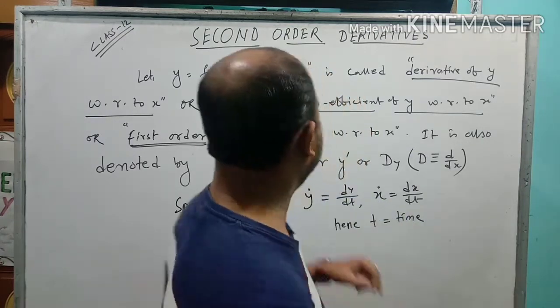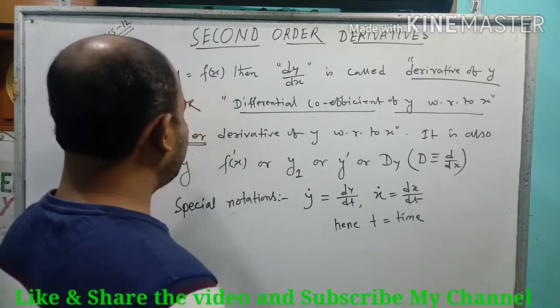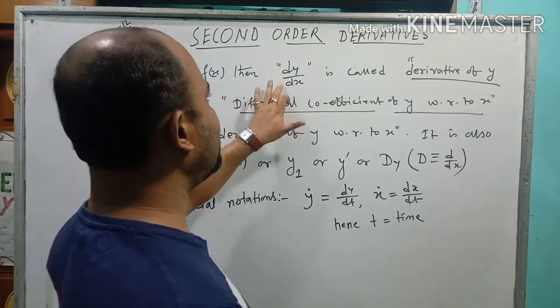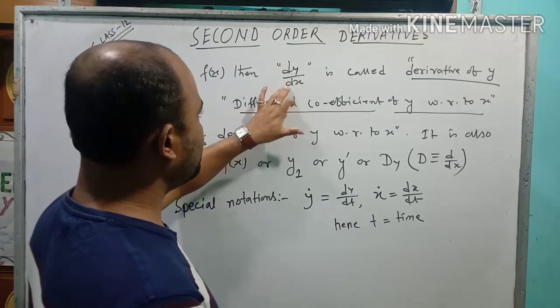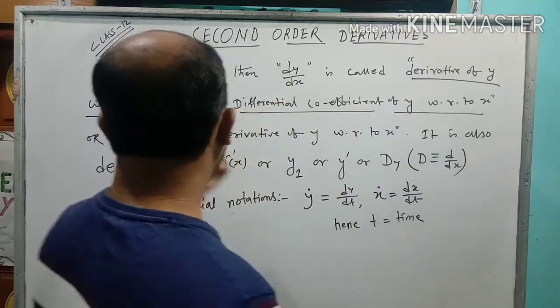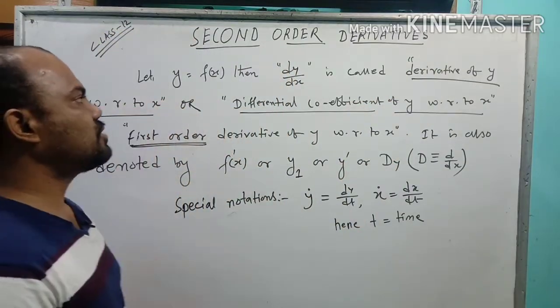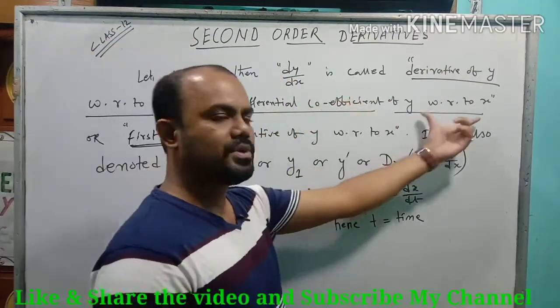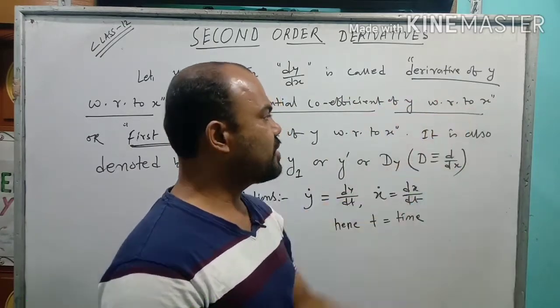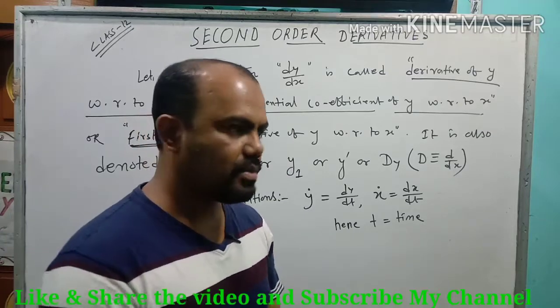Clear? When y equal to f(x) is a function of x, then dy by dx, which is already known to you, means derivative of y with respect to x. It is also called differential coefficient of y with respect to x, not necessarily always with respect to x.